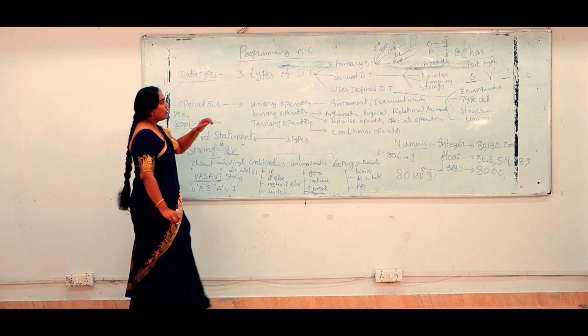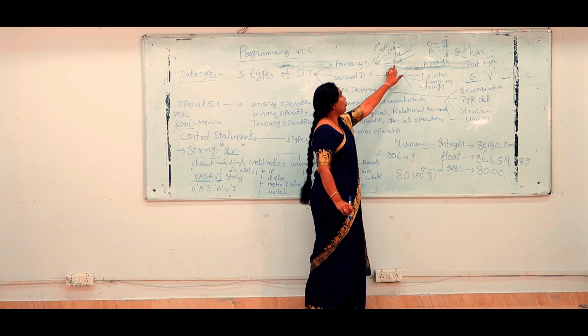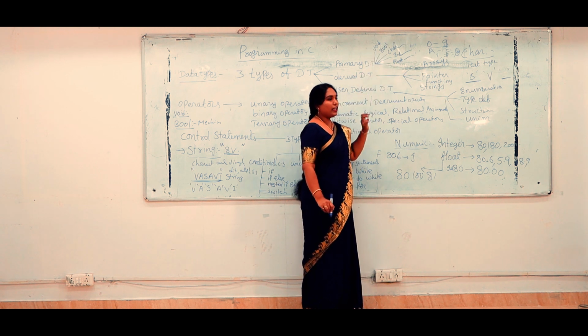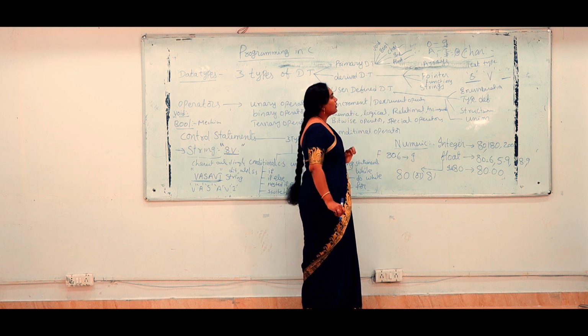Okay. Now, in the primary data types, what did we discuss? Integer, float, character, void, and Boolean. Here, the first are integer, float, and character.